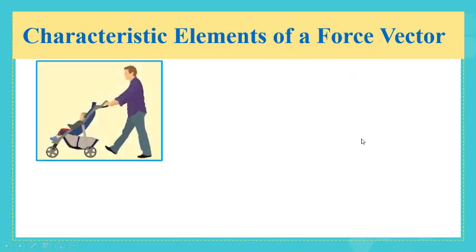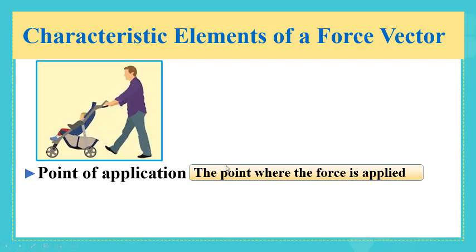Let's take an example to learn those elements. We have in this figure a father who is pushing the stroller of his son. What is the first characteristic element of a force vector? The first one is called the point of application. What is the point of application? The point of application is the point where the force is applied.